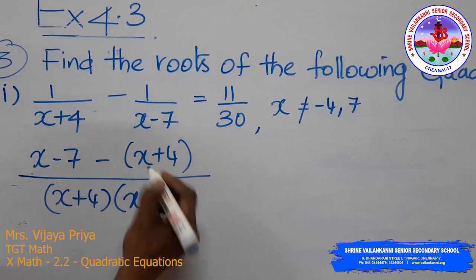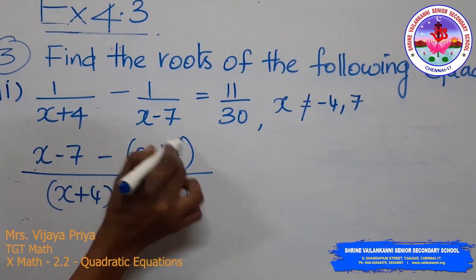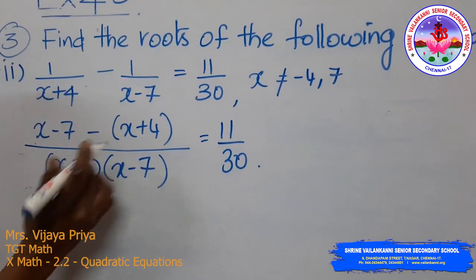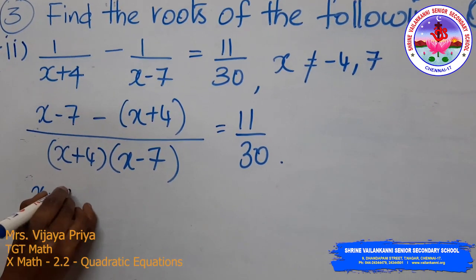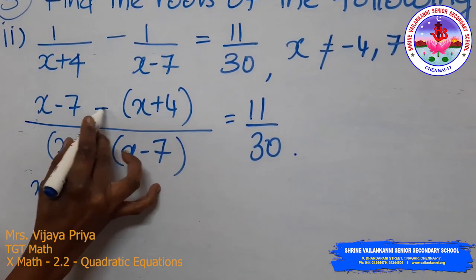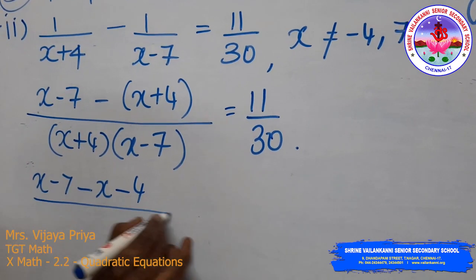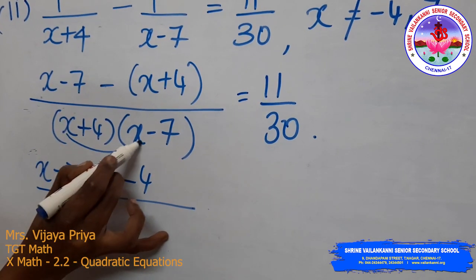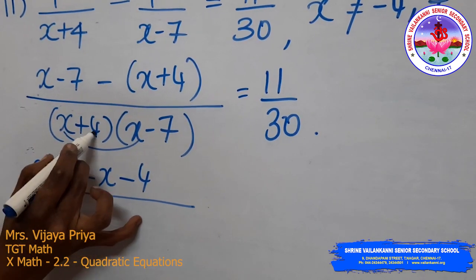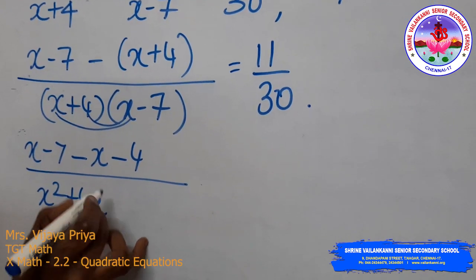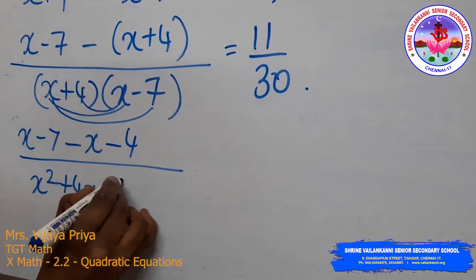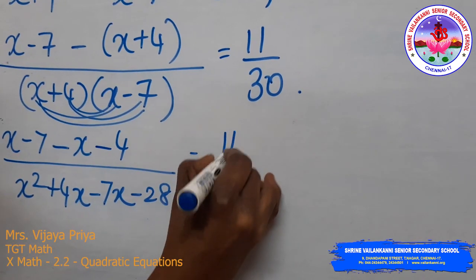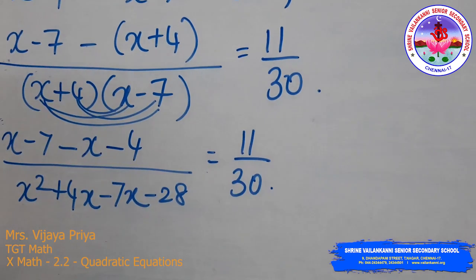I will get x plus 4. Since you have two terms, I am writing in brackets, which is equal to 11 by 30. So opening my bracket, I will get x minus 7 minus of x plus 4, divided by, I am just simplifying this: multiplying x into x, it becomes x squared plus 4x minus 7x and minus 28, which is equal to 11 by 30.